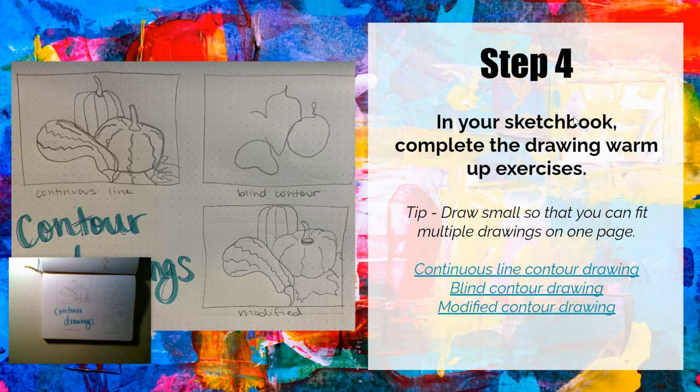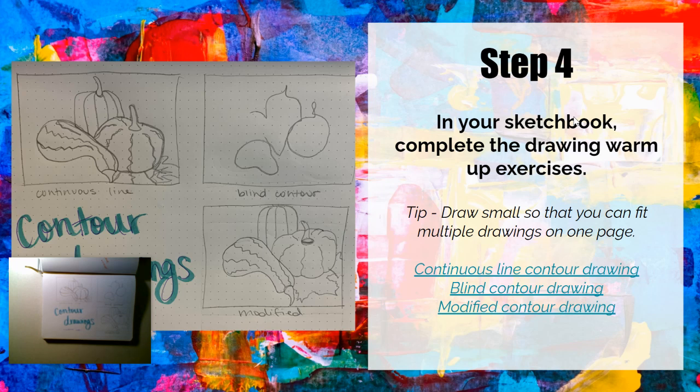On your blank page, I would like for you to draw 3 rectangles just like I have on my example here. Okay? They should all fit on that one page. 1, 2, 3. See them?